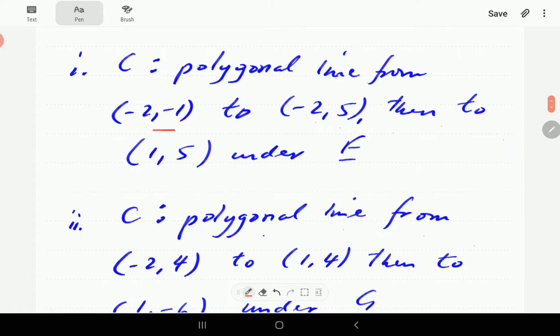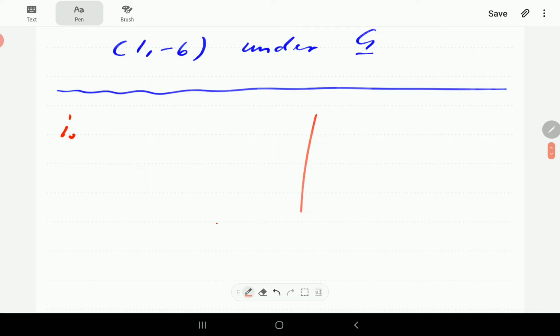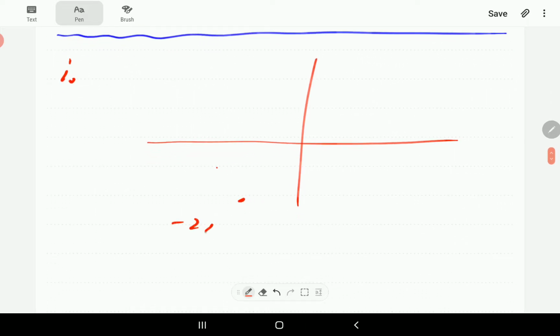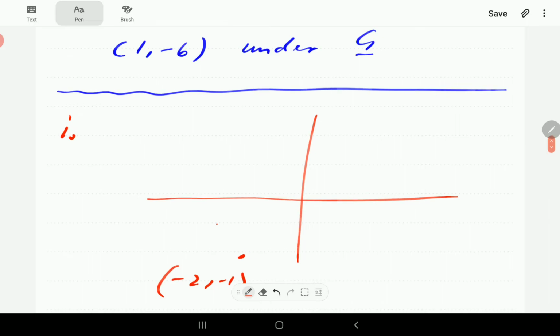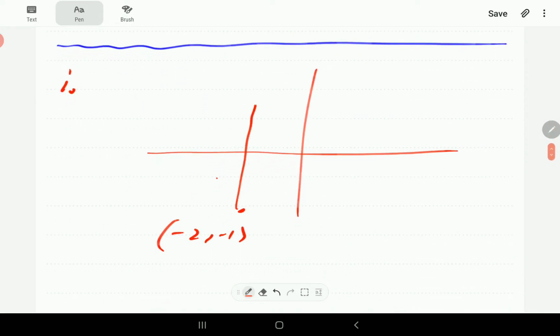So first thing to do is to make a sketch of this polygonal path. So from -2, -1 to -2, 5. So -2, -1 is going to be somewhere there, in the third quadrant, straight up to -2, 5.